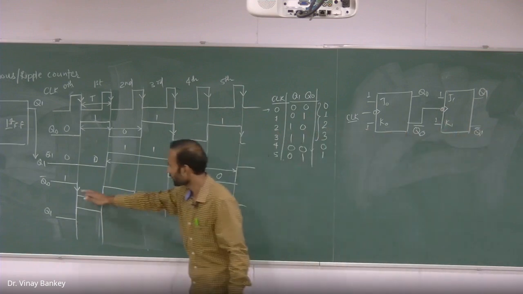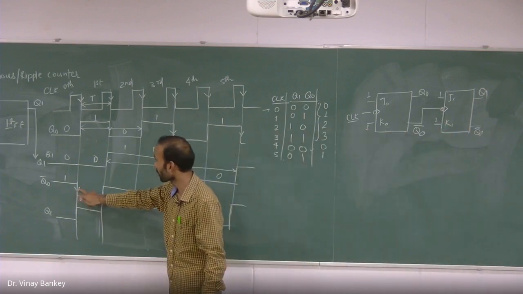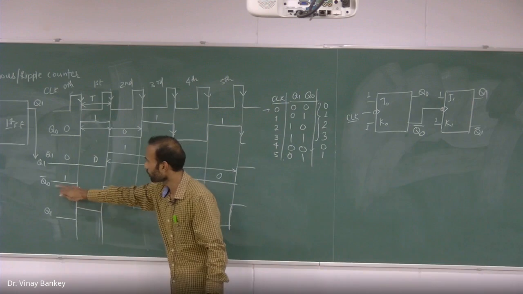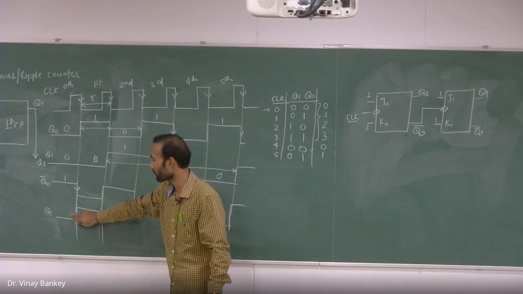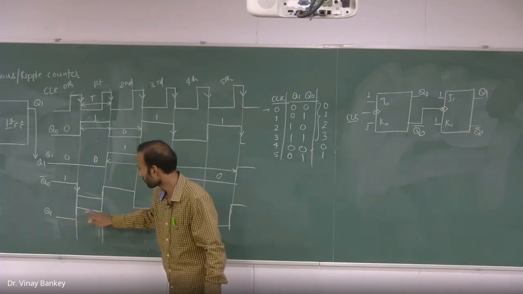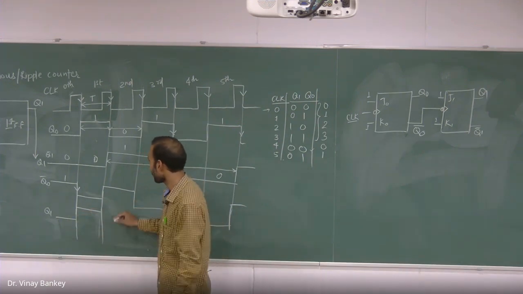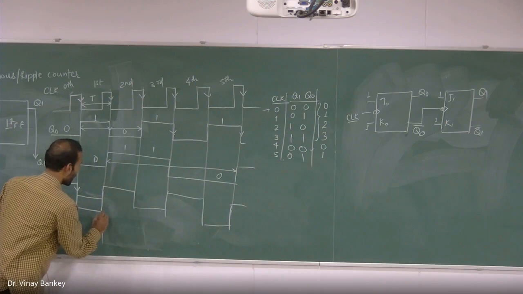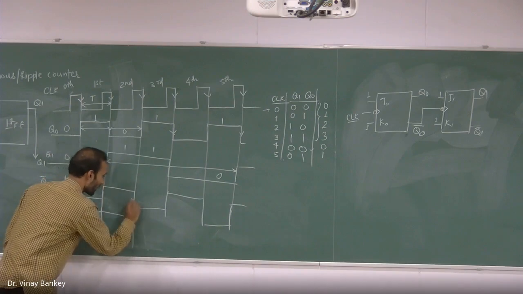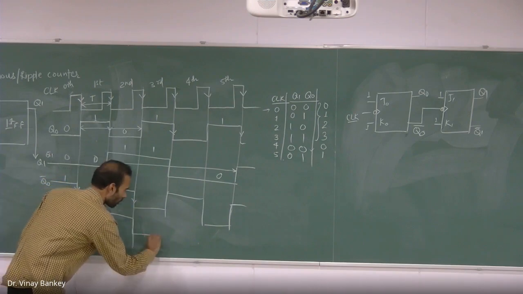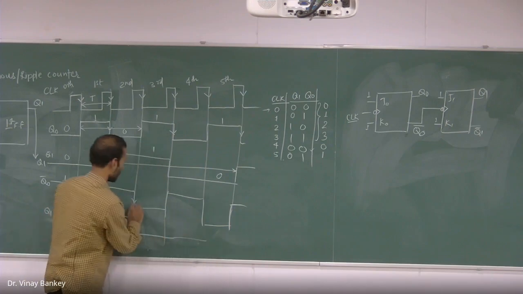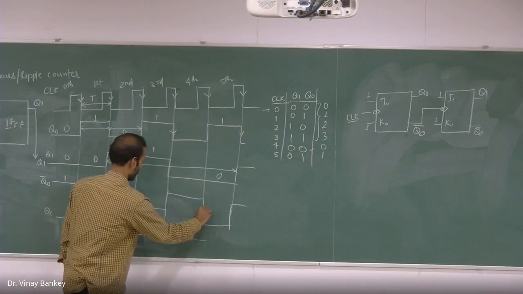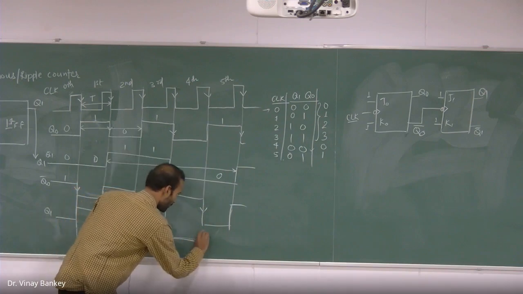So whenever it sees a negative edge at the Q0 bar, it will change the previous one. It was 0, so it will become 1 now. For the next one, it will remain 1 till the next negative edge, and then it will change again here.